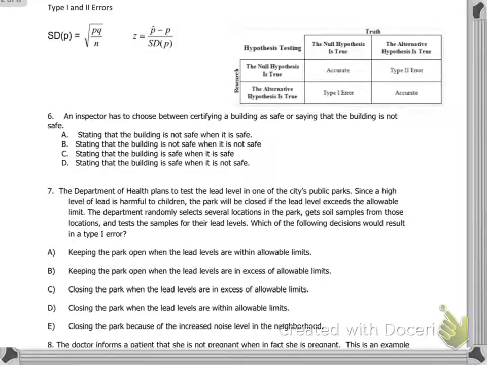All right, so let's start number 6 here, which is about type 1 and type 2 errors. First of all, I like to always write down my H0 and HA. Whenever you walk into a building, you assume that the building is safe, and then HA would be that the building is not safe. Do you see here I write down what I wanted you to find?